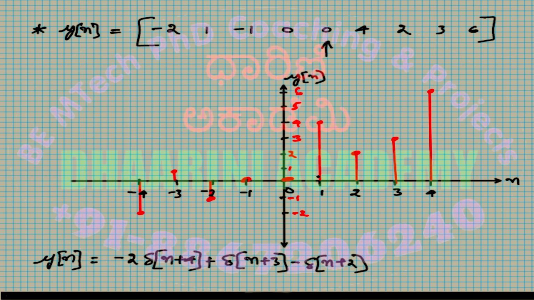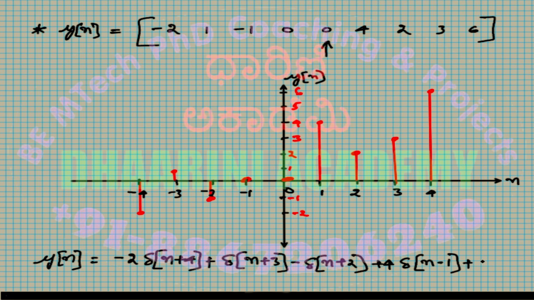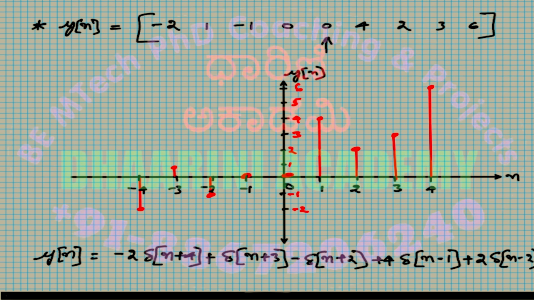Then two samples are 0, so you don't have to write them; directly go to the one which has a magnitude. That is plus 4 into delta of n minus 1, and next one plus 2 times delta of n minus 2.